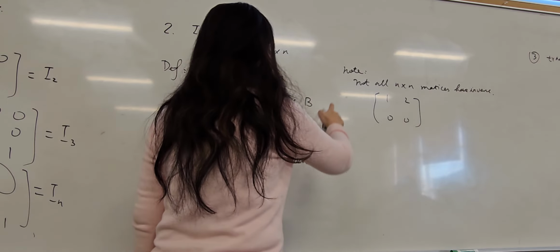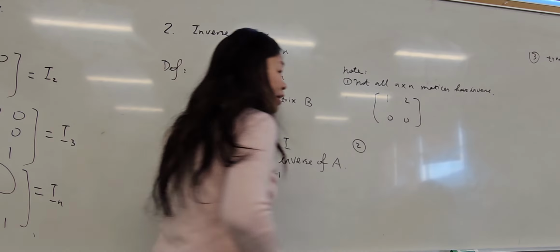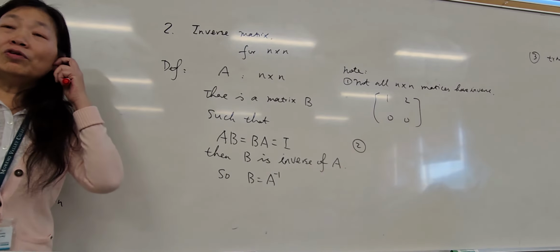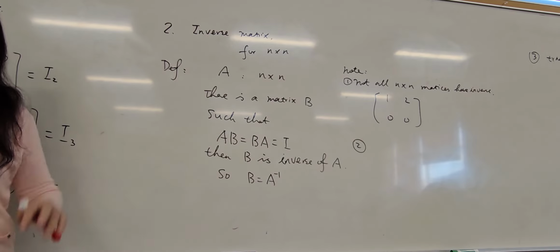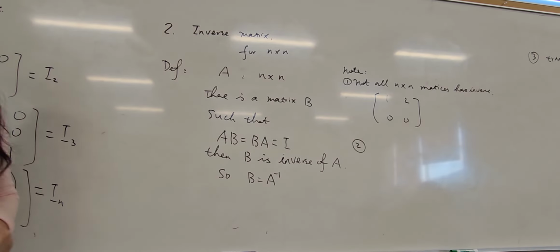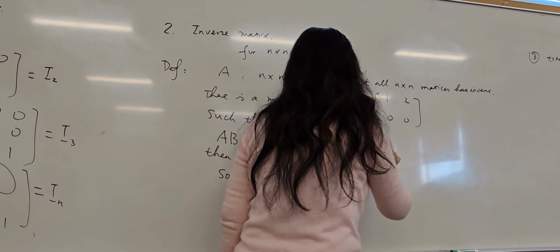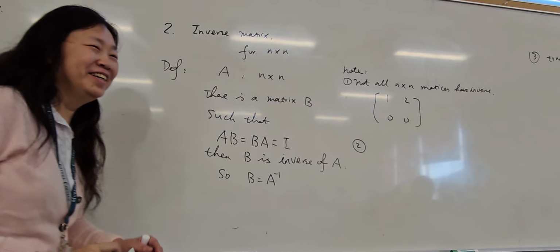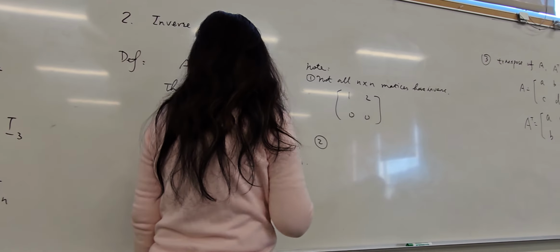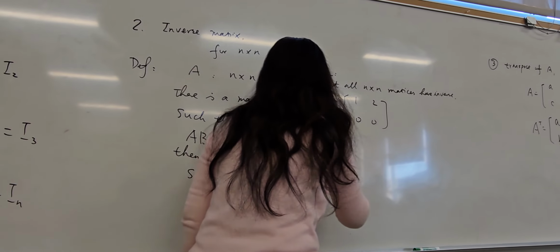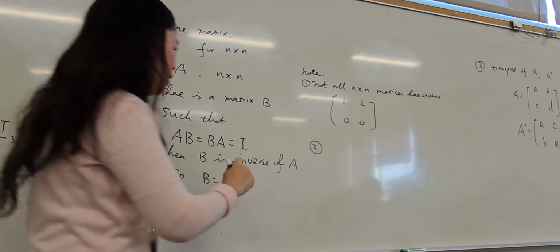So this is note number 1, and this is note number 2. Instead of going through all the theorems, I'm just going to give you a note as the theorem, so it's easy for you guys to see. Because A has an inverse, we call it invertible, okay?